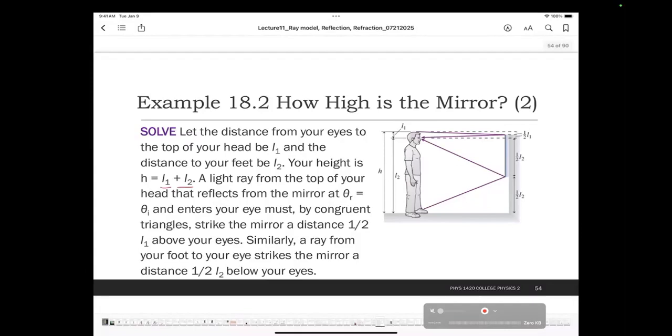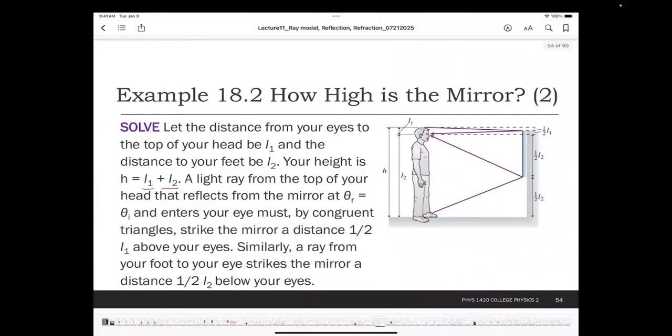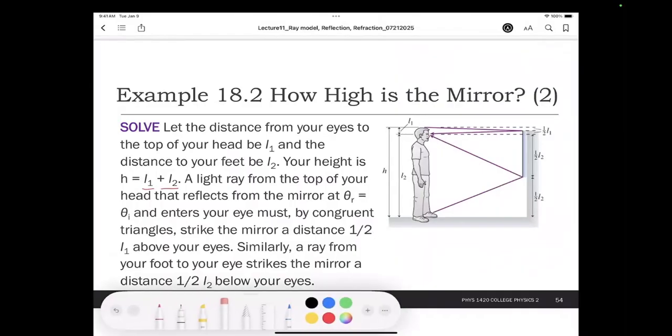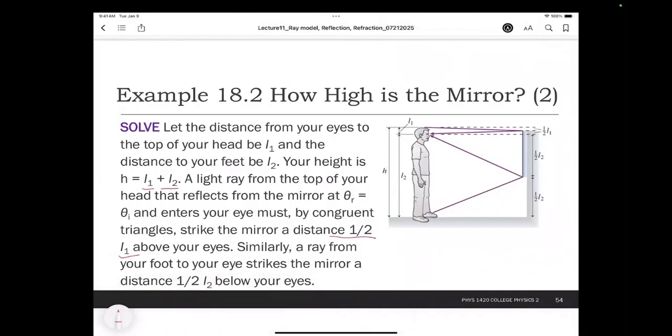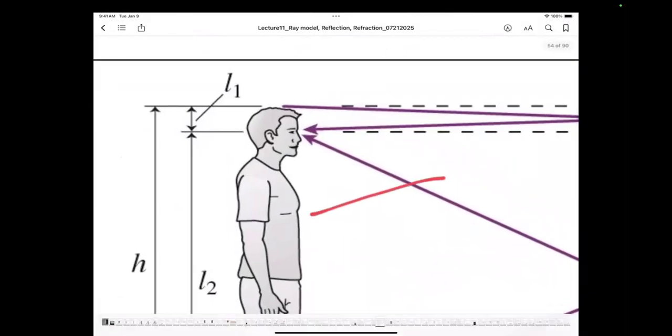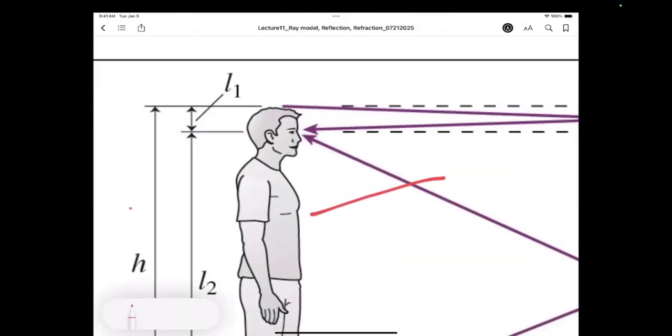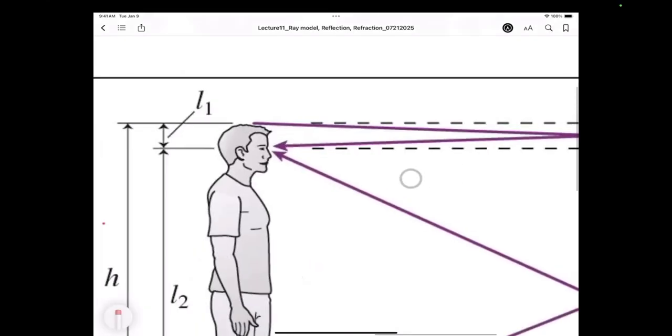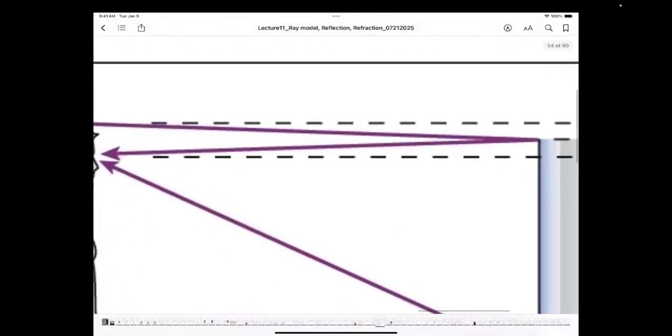Okay, I want to talk more about why this is half L1 and here is half L2. Let me make it bigger to let you guys see it clearly.